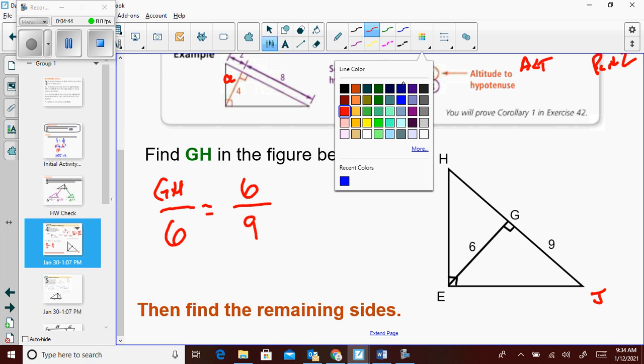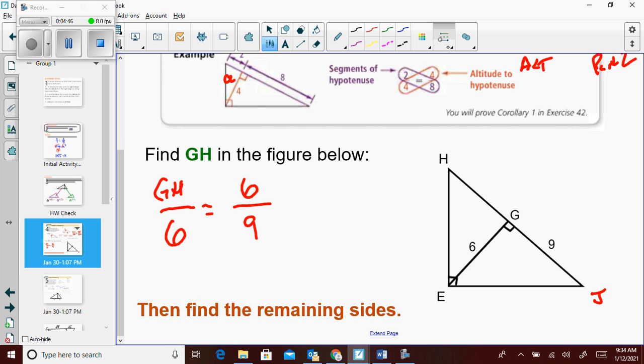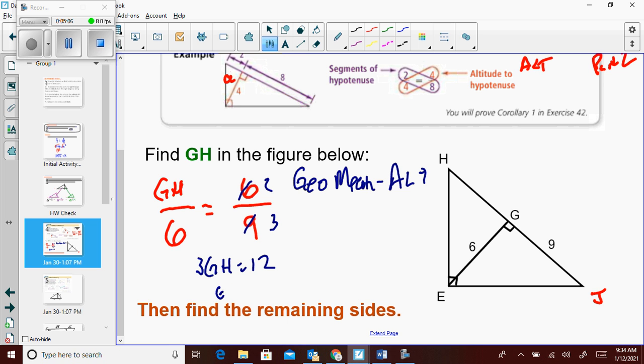And this will be the geometric mean, altitude. You're going to see, because next we're going to have something different. So we just solve this like normal. As always, we reduce when possible. 3GH is 12, GH is 4.